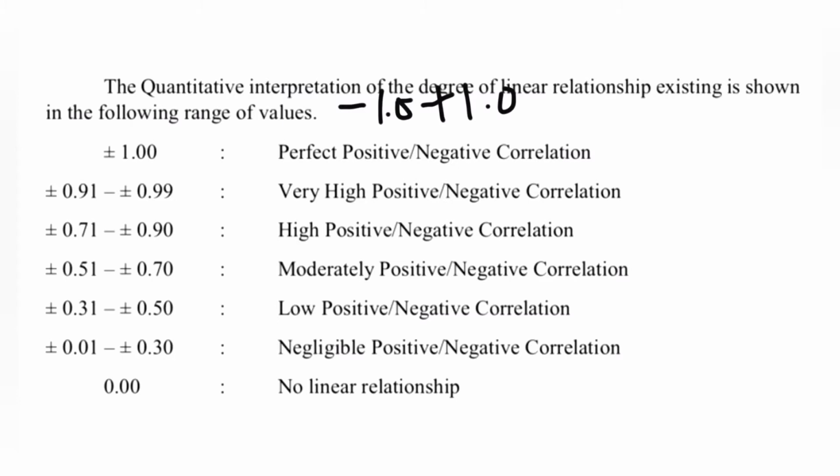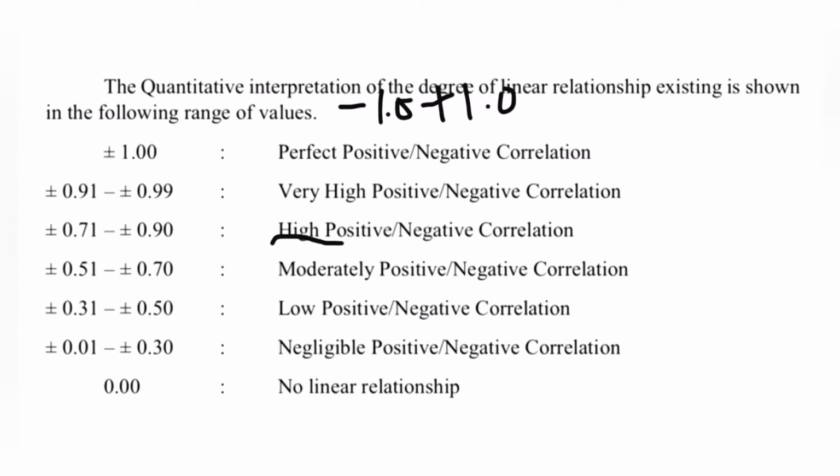Kapag naman positive or negative 0.91 to positive or negative 0.99, that means very high positive correlation. Pag positive or negative 0.71 to positive or negative 0.90, yun naman yung high positive correlation.